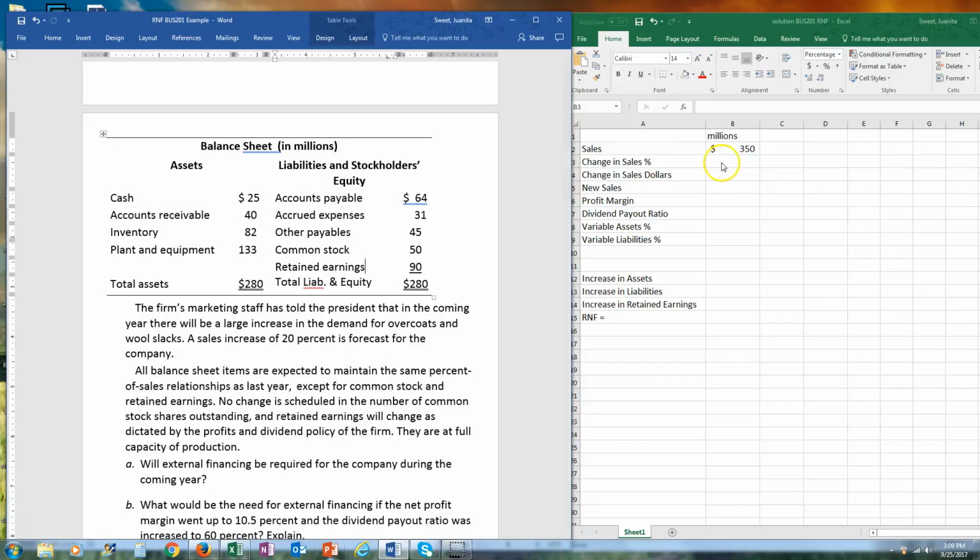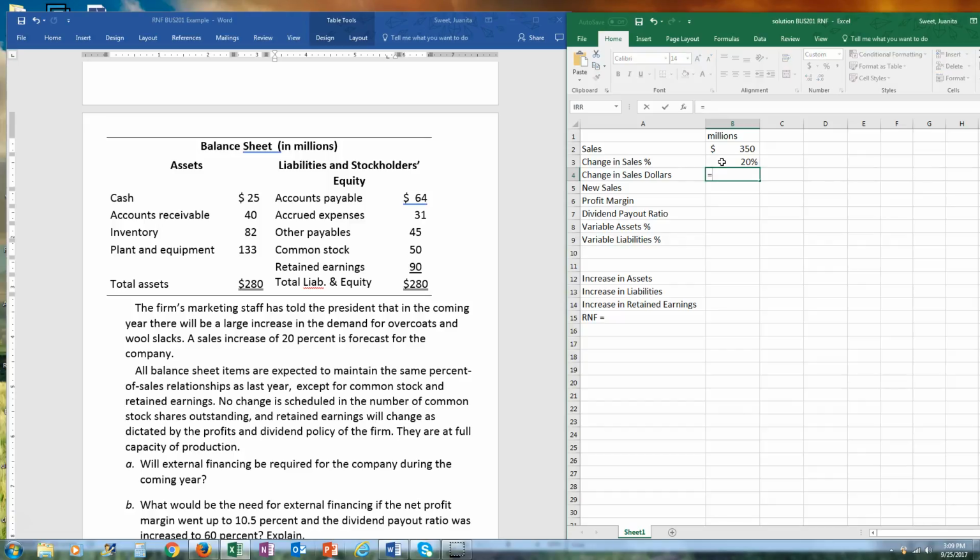Alright, so the change they're predicted in sales is 20%. So this means that our change in sales itself is going to be $70 million, which makes our new sales $420 million.